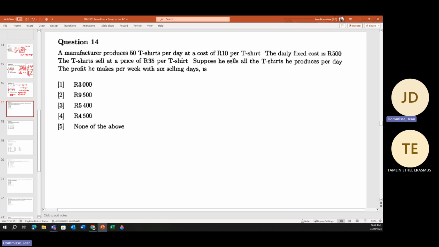And this one is quite interesting, because I don't know if we actually did cover the things of total cost and total revenue, and then profit is equal to total revenue minus total cost.